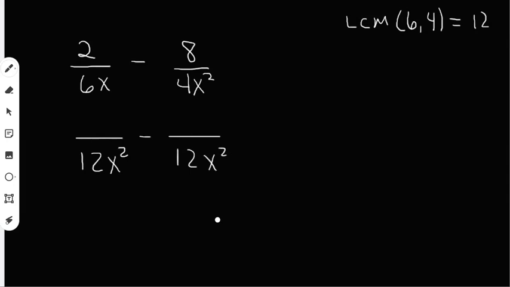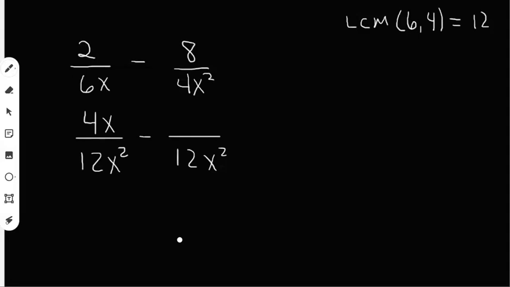Now for the first fraction, I know I need to multiply by 2x at the bottom. So that means I need to multiply by 2x at the top. So this 2 is going to become a 4x. For the second fraction, I know that to get from 4x squared to 12x squared, I need to multiply by 3.